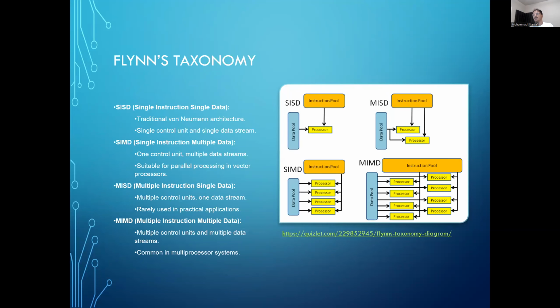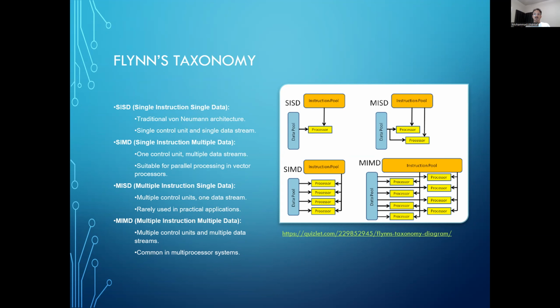Moving on over here, we have Flynn's taxonomy. Flynn's taxonomy is just a way to identify the most suitable data analysis depending on a unit or its streams. For example, there's an SISD, an SIMD, an MISD, and an MIMD. An SISD is single instruction, single data, which is a direct point from one single to another.